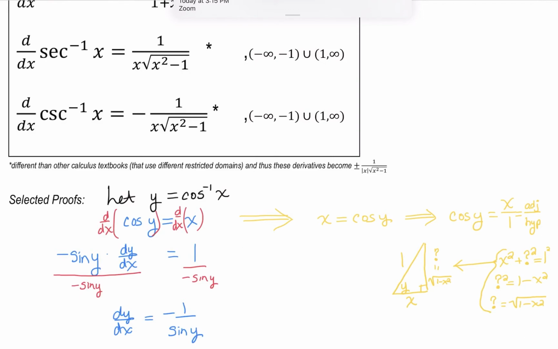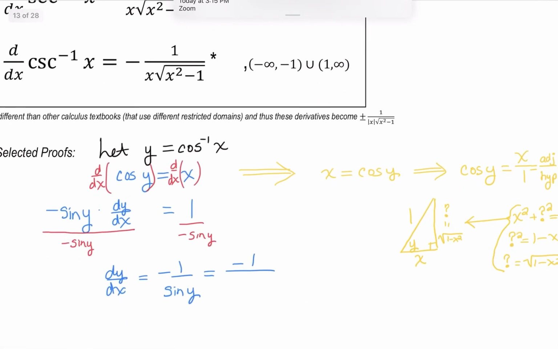All right, so now if I think about going back to my dy dx equaling minus 1 over sine of y, well, if we think about sine as a trig ratio, sine is equal to opposite over hypotenuse. And so we would now have our negative 1 over the opposite side of y, which is square root of 1 minus x squared, divided by the hypotenuse, which is 1.